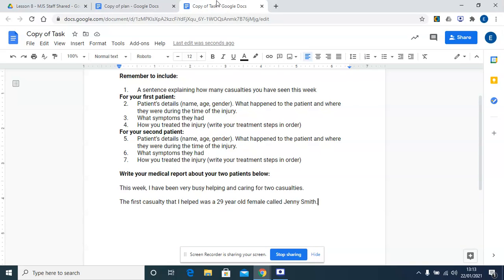So I'm going to put: Jenny was lighting a candle at home and the candle tipped over and the hot wax spilt onto her forearm.